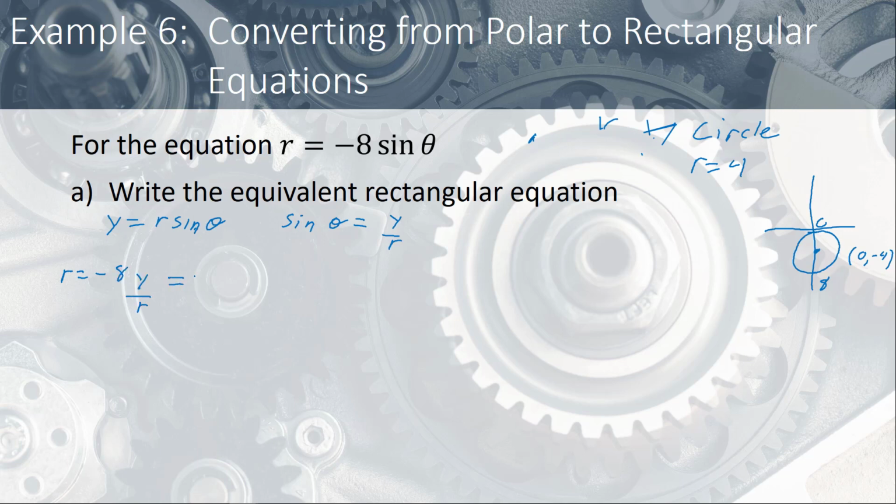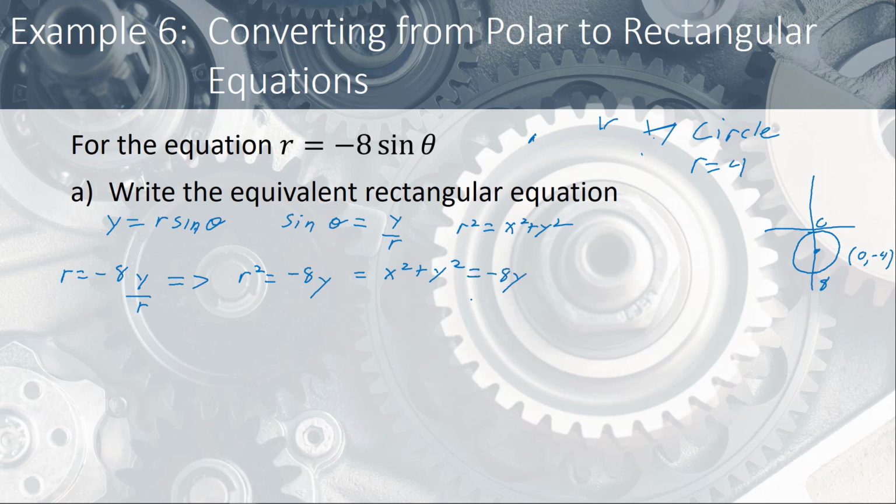And then we can write that as r squared is equal to negative 8y. We know that r squared is equal to x squared plus y squared. So we can write this as x squared plus y squared is equal to negative 8y.